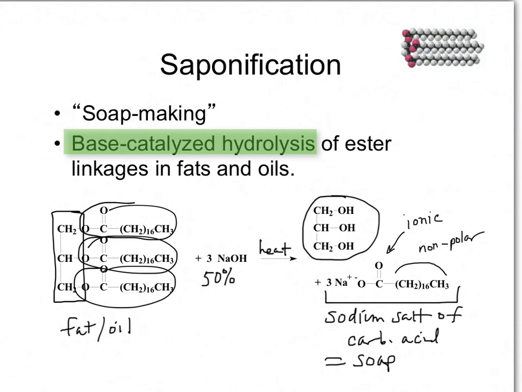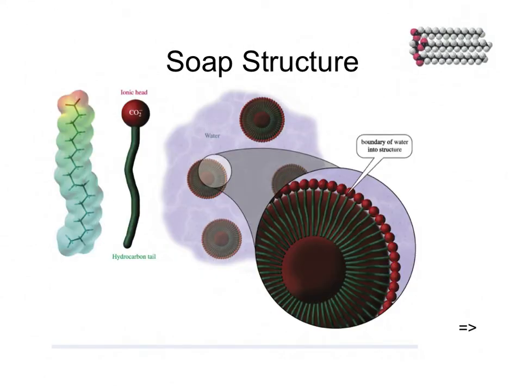And that actually causes it to function as a soap and enables it to dissolve grease. So you can see the structure of soap drawn more pictorially instead of as an actual molecular structure. There is an ionic head, that's the carboxylic acid part, and then this long tail right here, that is the non-polar or the hydrophobic end.